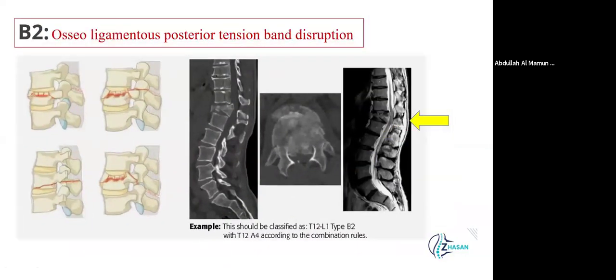Now, this is B2, both bony and ligamentous. How do you know it is ligamentous? You can see in the MRI there is high signal intensity at the fractured level, so the PLC is injured. So this is osteoligamentous posterior tension band disruption, that is B2.